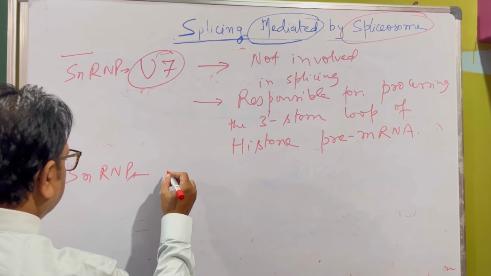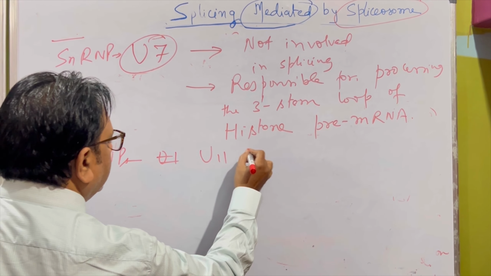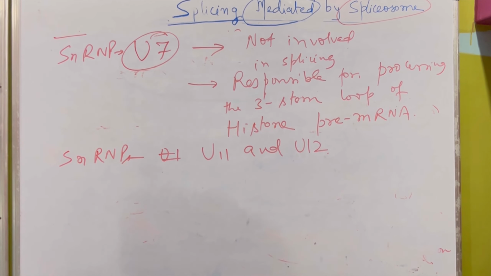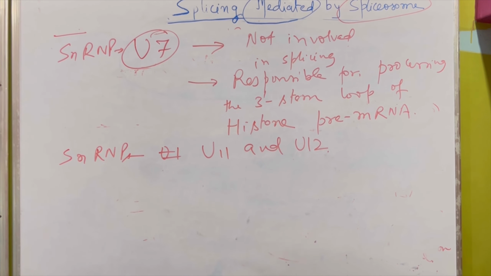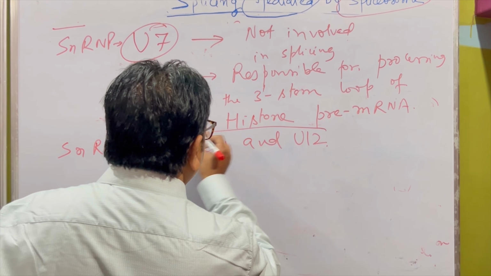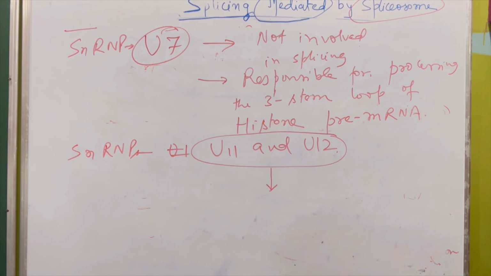We are just giving some information which you may find interesting. Now another pair is also recognized, that is U11 and U12. These are also interesting in the sense that they are required where some splicing is U2 independent.